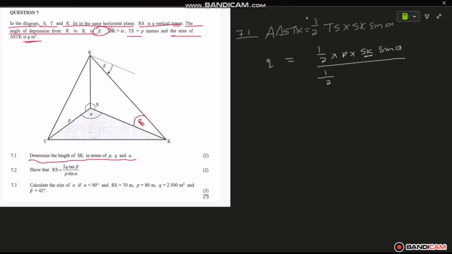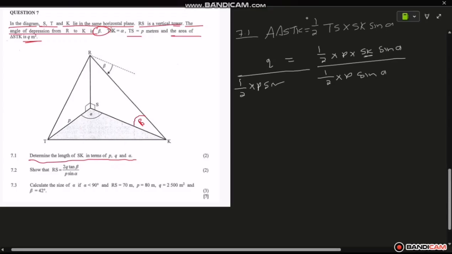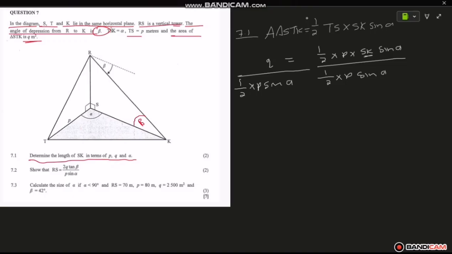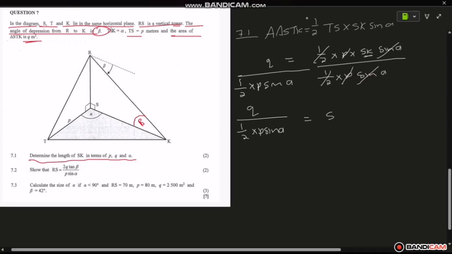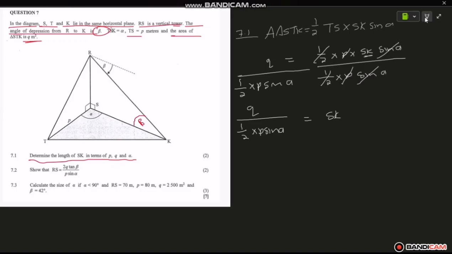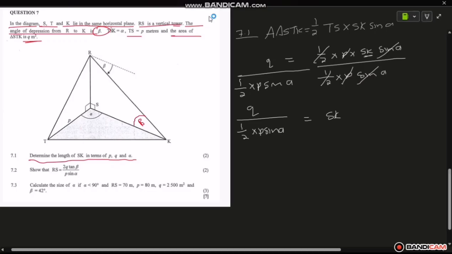What you do on the left, also do on the right. They were busy telling us in primary school, I think in grade 4. So these cancel. Then we are left with SK. Therefore, Q over half times P sine A equals SK.